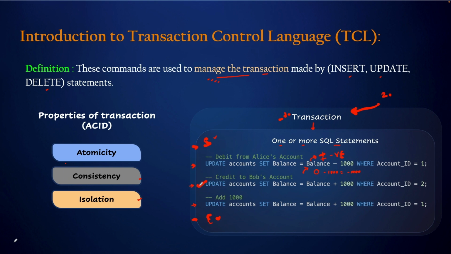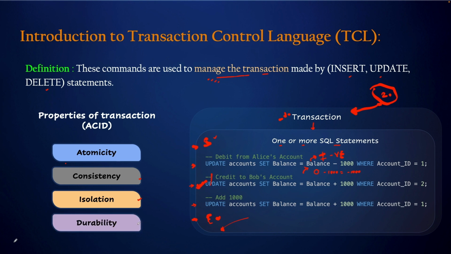When you are executing this transaction, you reach here. So this second transaction cannot see this state. It has to complete all those operations, then it will be able to see the changes in this transaction at the end. So this is called isolation.